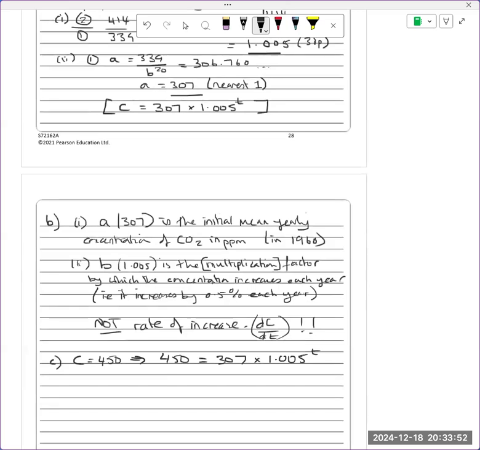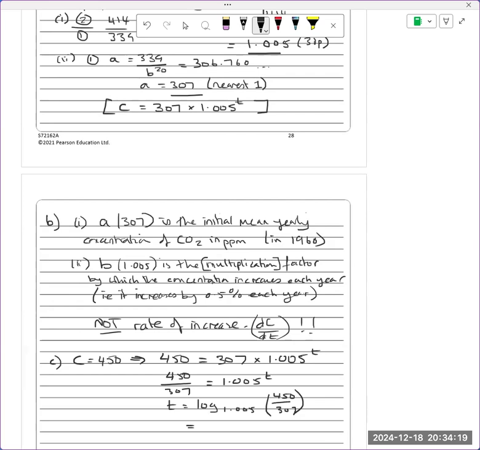Now we divide by the 307, so 450 over 307 is 1.005 to the t, and then we do need logs for this one.